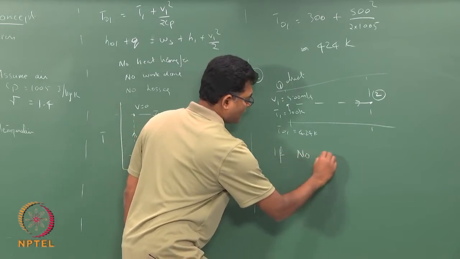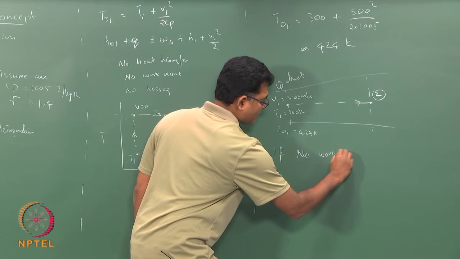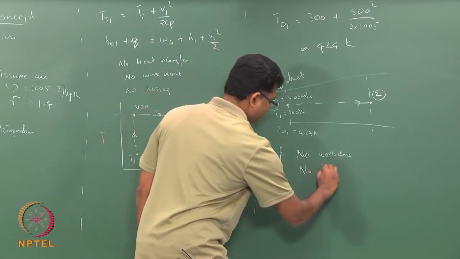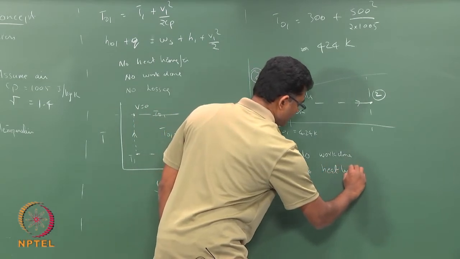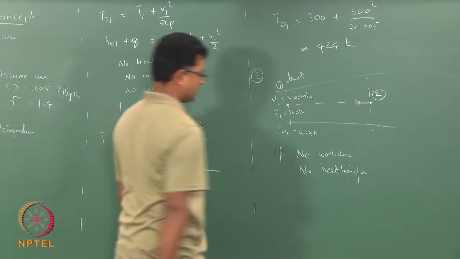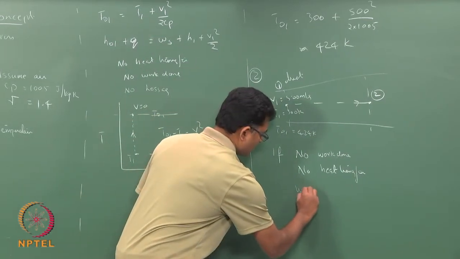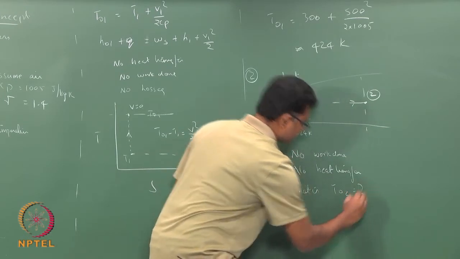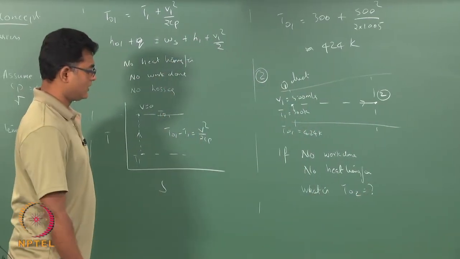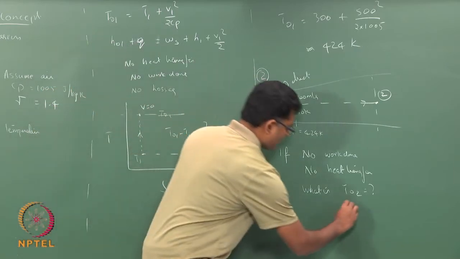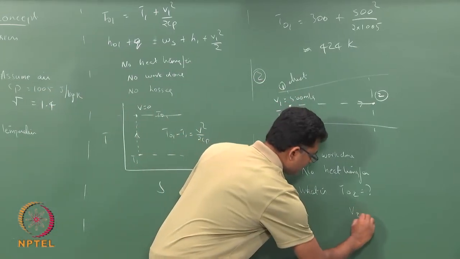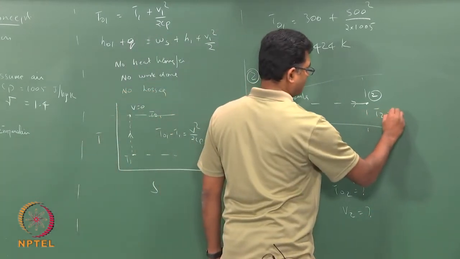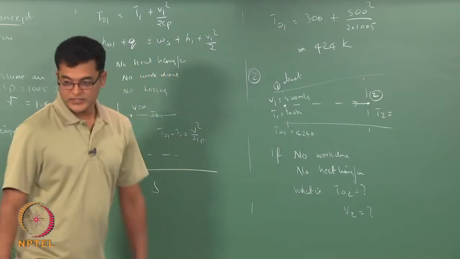If no work done by the system or to the system and no heat transfer, what is T02? That is the first question. What is T02 and what is V2 if I know my T2?